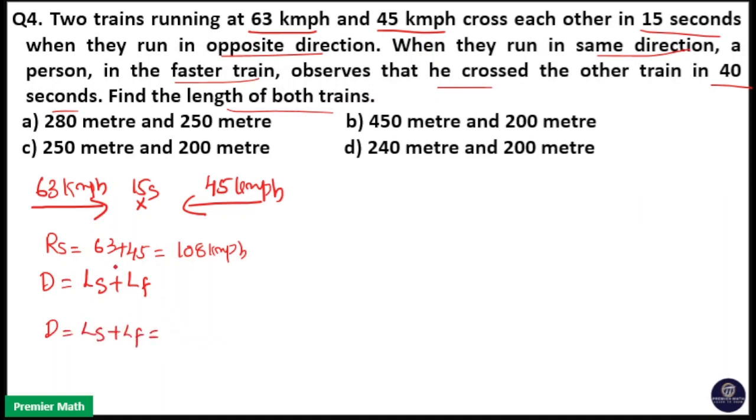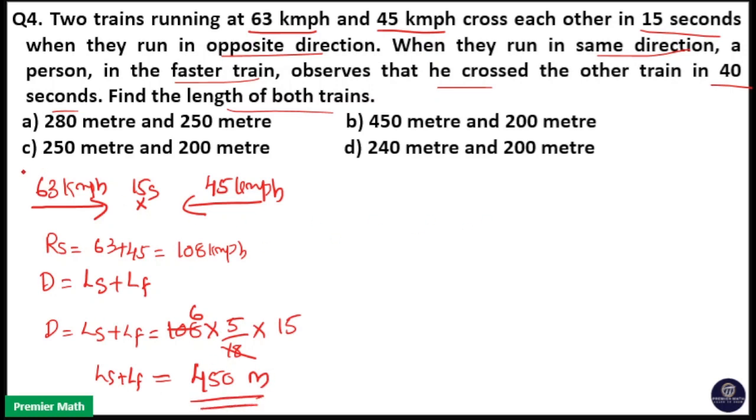That is equal to relative speed 108 km per hour, which I will convert to meter per second, into time taken to cross each other, 15 seconds. So 18 into 6 is equal to 108. That means 6 into 5, 30. 30 into 15 is equal to 450 meter. So the length of the slower train plus the length of the faster train is 450 meter here. So this is the first case.